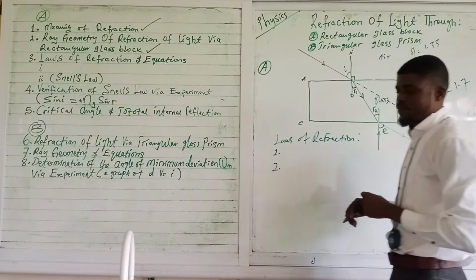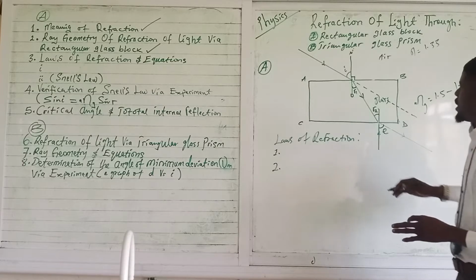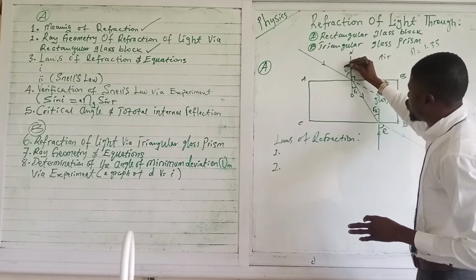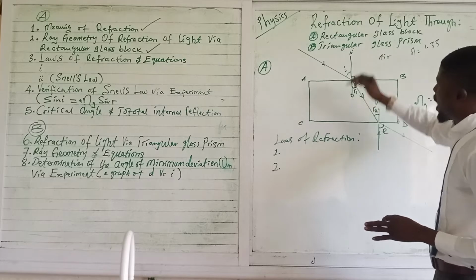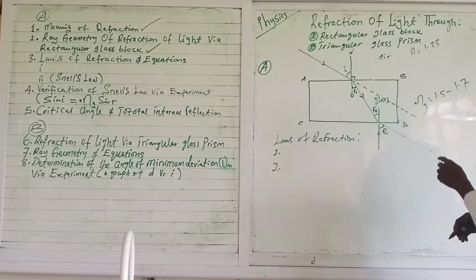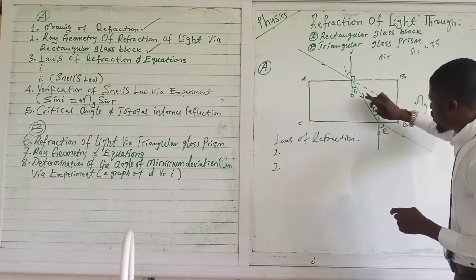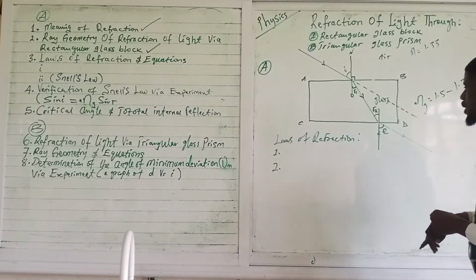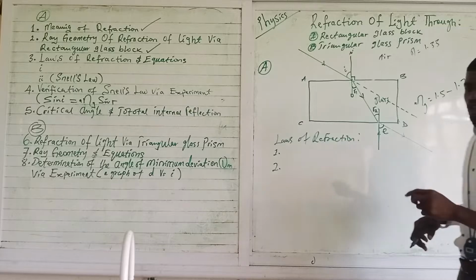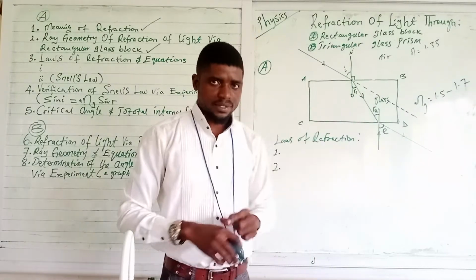Law number two is what we call Snell's law of refraction. It states that the ratio of the angle of incidence to the angle of refraction, you can choose any of these, is equal to a constant for a given pair of media.